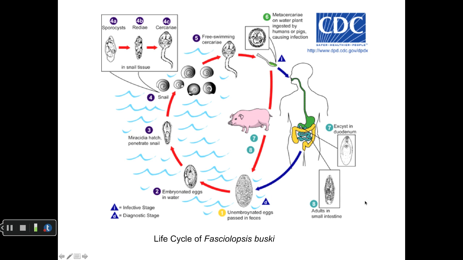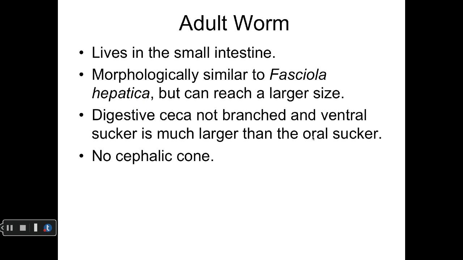The key, though, is that these items are ingested without cooking. So when the individual swallows the plant that contains the metacercaria, the embryo hatches, and in the small intestine, it develops into the adult stage to complete the life cycle.